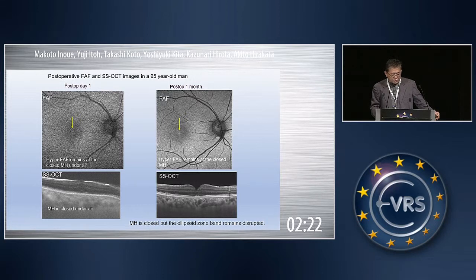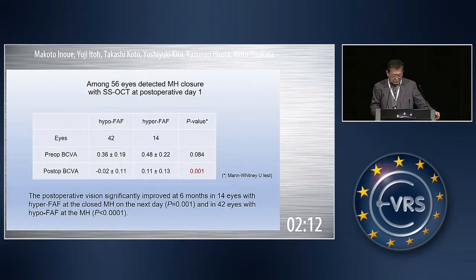This is another patient where some hyper FAF remains on day one, and it persists at possibly one month. And this is a comparison of the two groups. Preoperative vision is slightly better in the hyper FAF group, but it is not statistically significant.